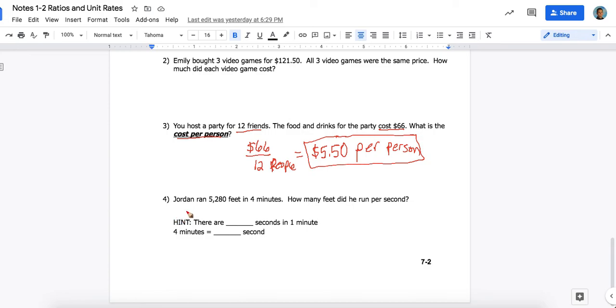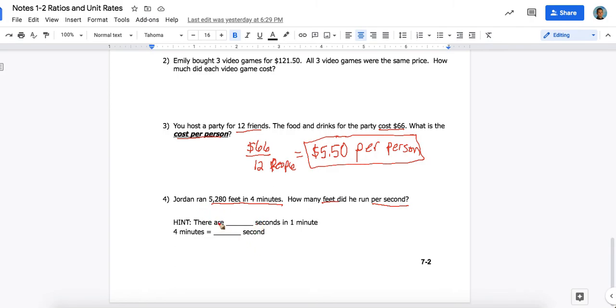Okay, our last and final problem. Jordan ran 5,280 feet, so that's actually 1 mile, in 4 minutes. That's pretty fast. How many feet did he run per second? So look at this. Do I know how many seconds he ran? No, I know he ran 4 minutes. So we have to change 4 minutes into seconds.